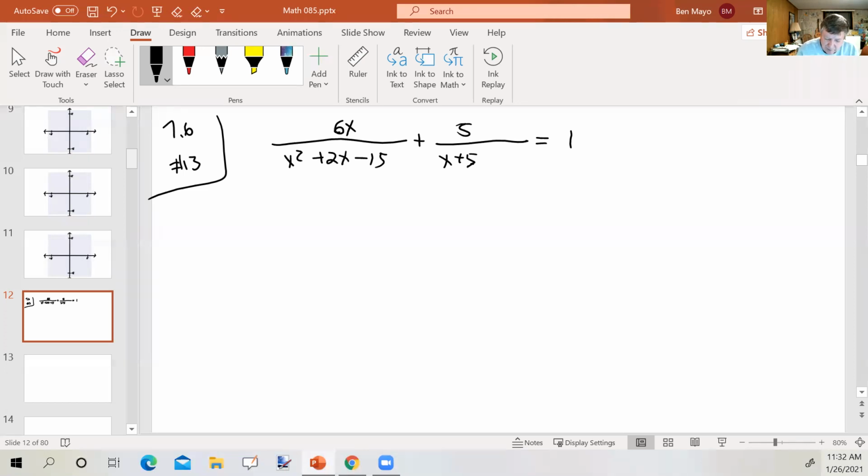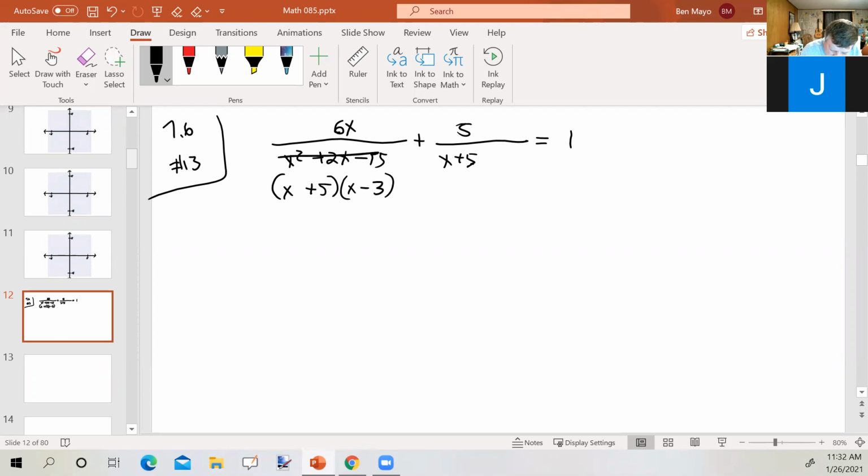So I'm going to factor this first denominator, x squared plus 2x minus 15, and that becomes x plus 5 times x minus 3. So my denominator factors are x plus 5, x minus 3, x plus 5, and an implied 1. My LCD is going to be x plus 5 times x minus 3.